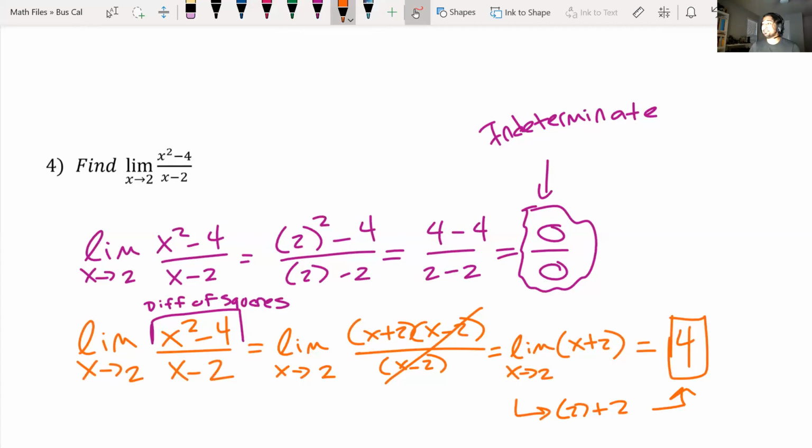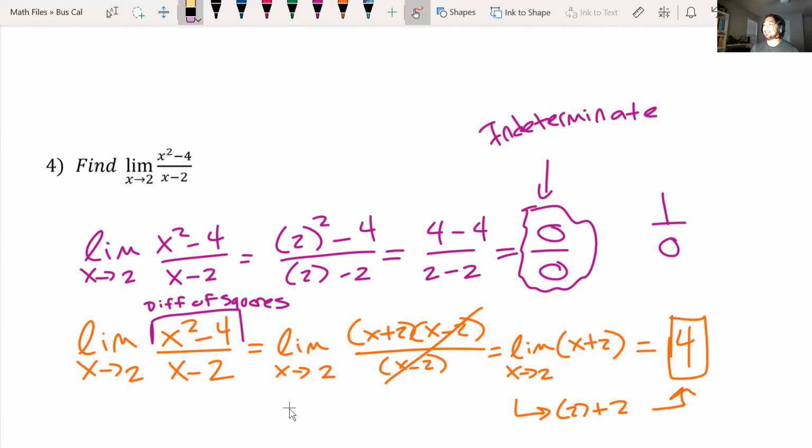Any questions on that? If you end up getting 0 over 0, then it's going to be indeterminate, and you have to go back at it and look at it in an algebraic way. Can I factor it? Can I cancel something? What can I do to fix this? If you end up with undefined, such as 1 over 0, then you can go back and look, but if it doesn't fix, then this limit would not exist. 1 over 0 is undefined and does not exist.